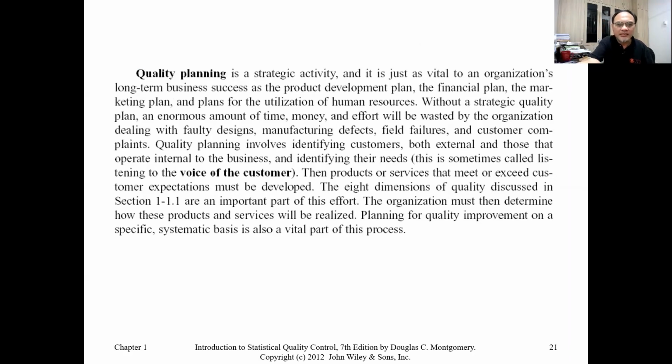So it says here, identify customers, identify needs, and you plan how the product is going to be produced, right from design until what they call sales and service.